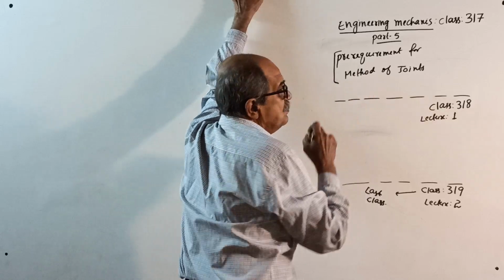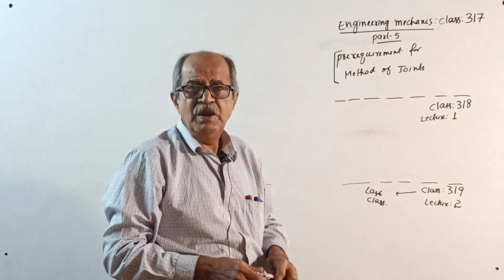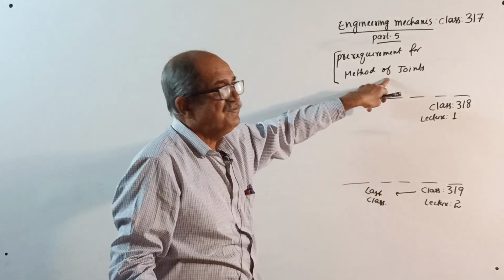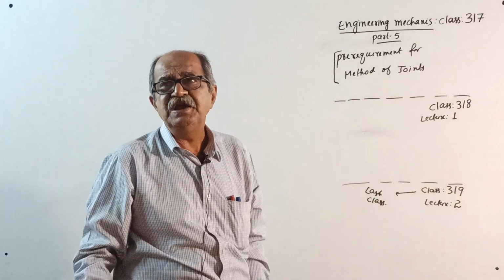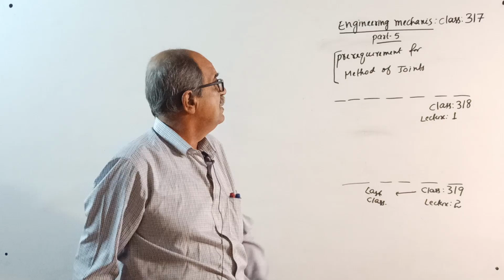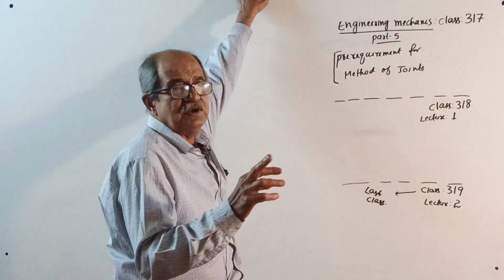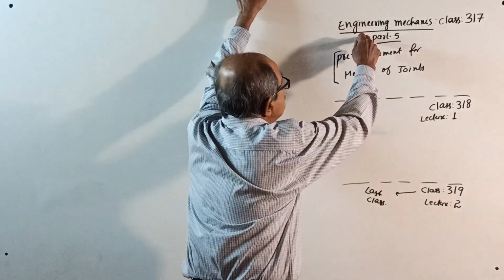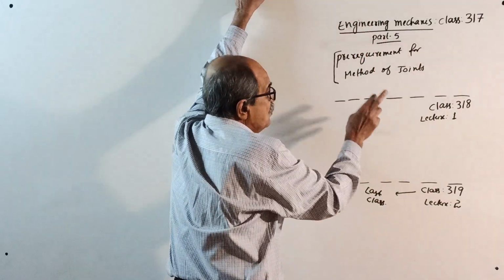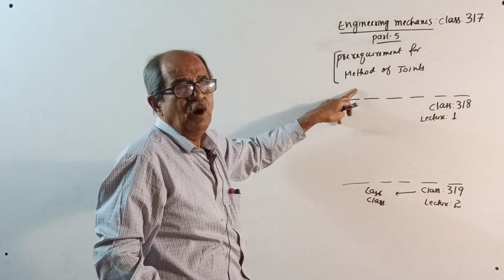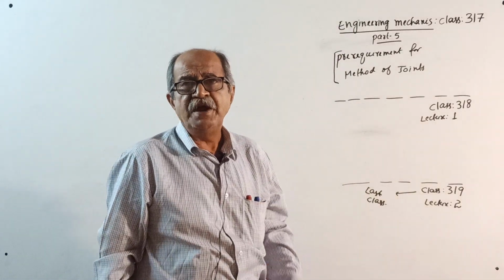In that class I told you what a method of joint is will come later, because in that class we simply considered equilibrium of a concurrent force system, which repeatedly comes in method of joints. So first, all of you thoroughly go through this class without bothering about what pin-jointed plane frames are.